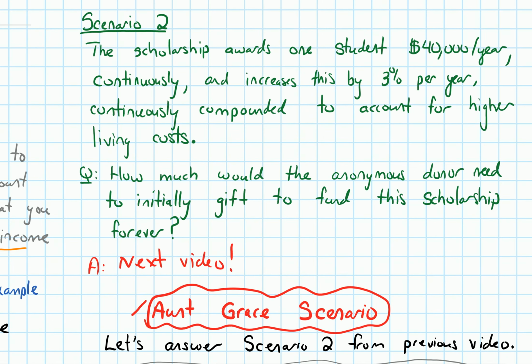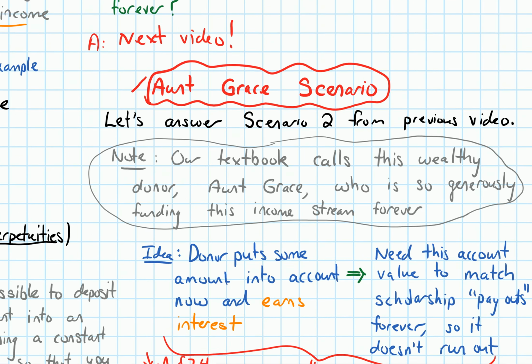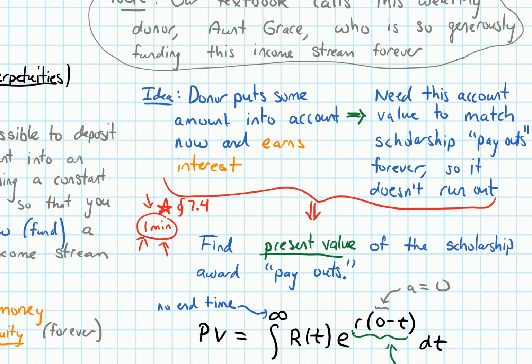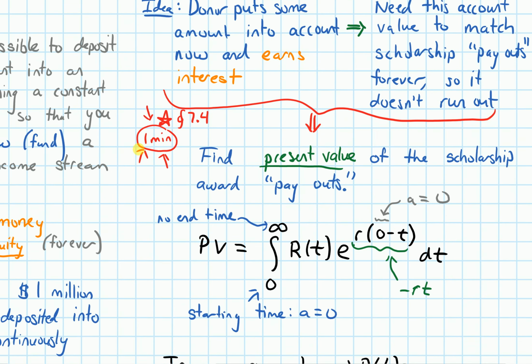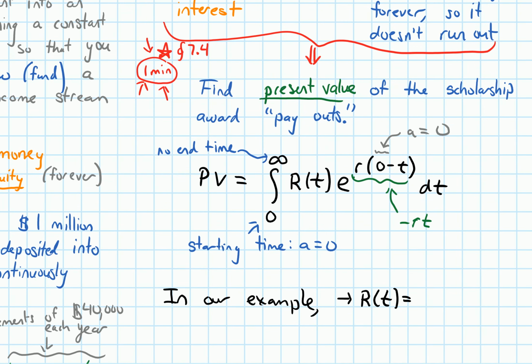The question says they're going to be withdrawing $40,000 per year continuously, but that value is going to increase by 3% per year, continuously compounded. That suggests we're going to use the Pe^(rt) formula, because we have continuously compounded growth for the scholarship payouts.